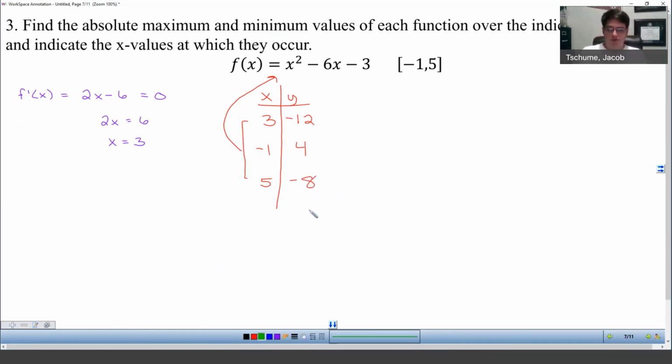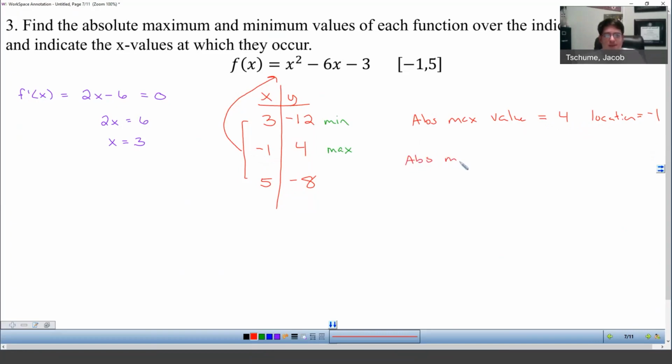So first thing I'll do is locate my biggest and smallest numbers. Obviously, the biggest number is going to be this 4, because that's the only positive number we got. And -12 is your smallest number. So as far as those blanks go, your absolute maximum value will be equal to 4, and the location of that is equal to -1, because that's the x value of that number.